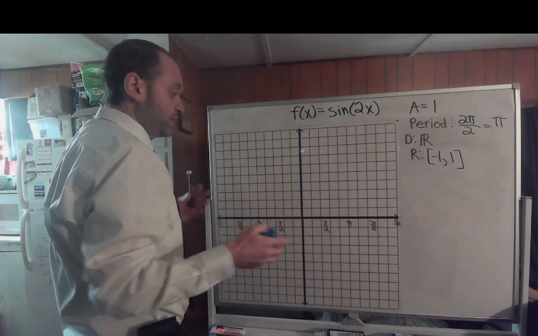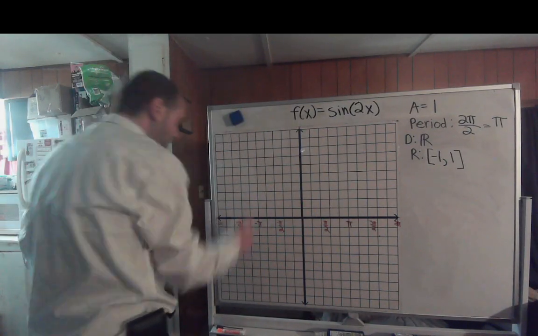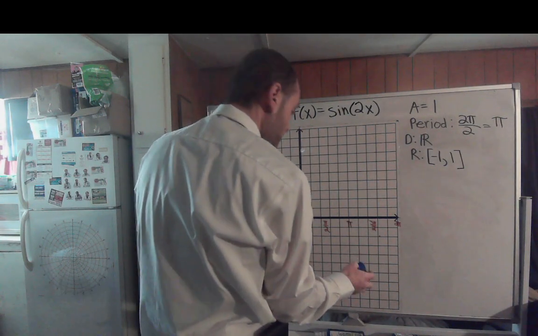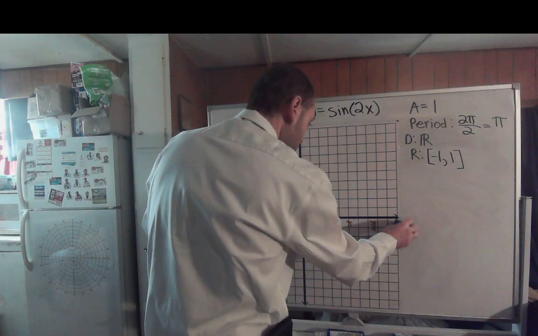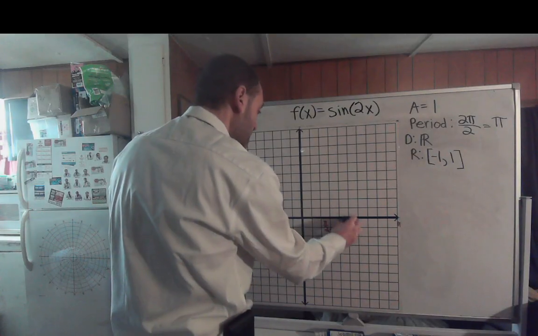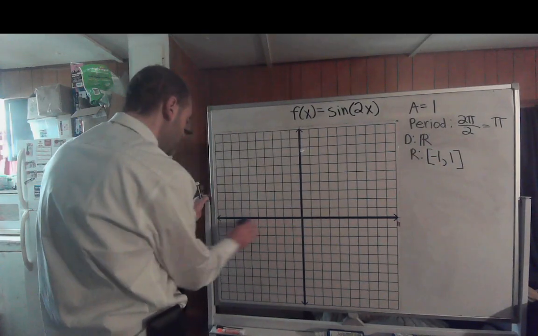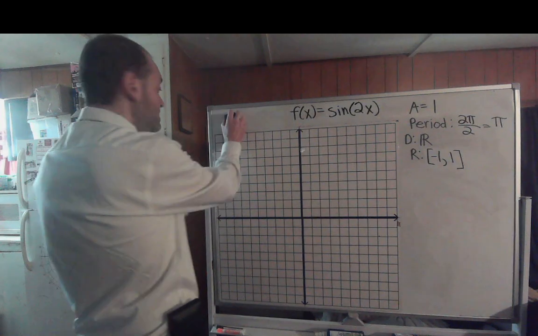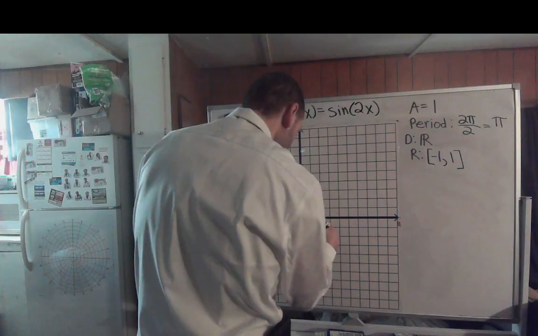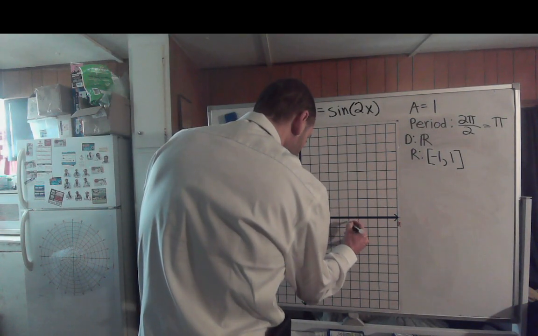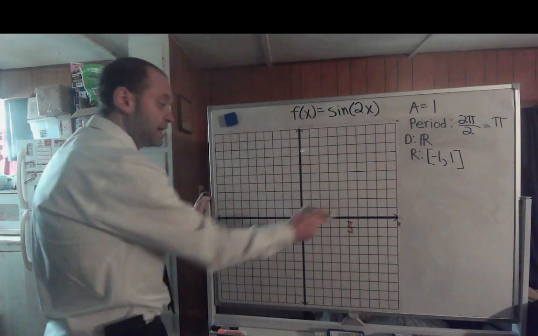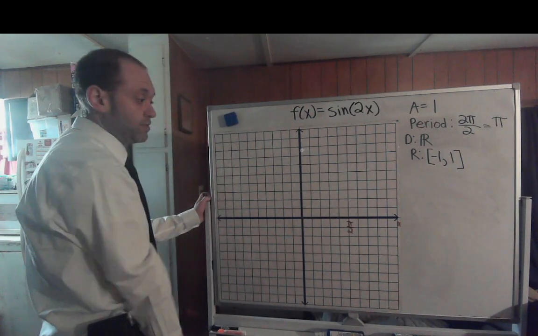So that means we can change these points on our graph. Yes, we're still going to show 2 full periods, but it's about to change what they're labeled. It's going to look similar, but you're going to go from 0 to pi, and then from -pi to 0.